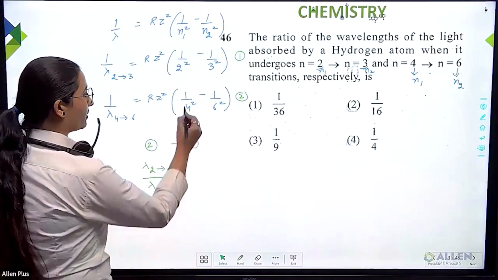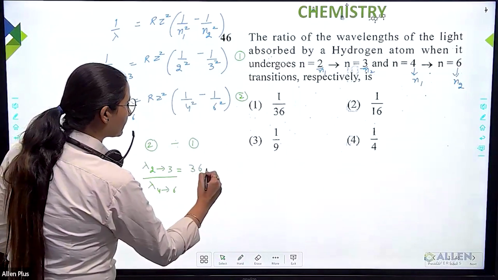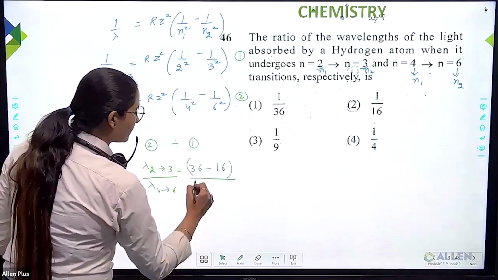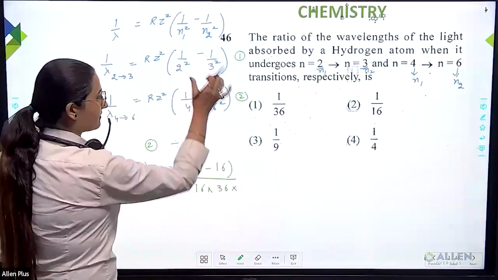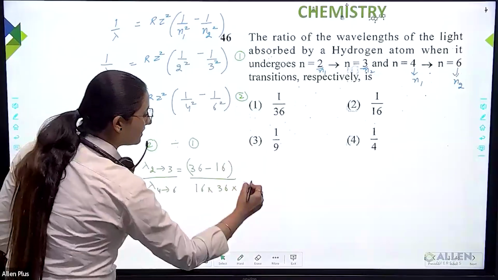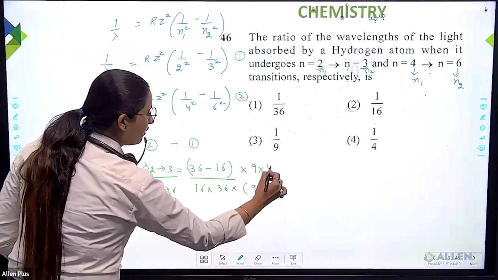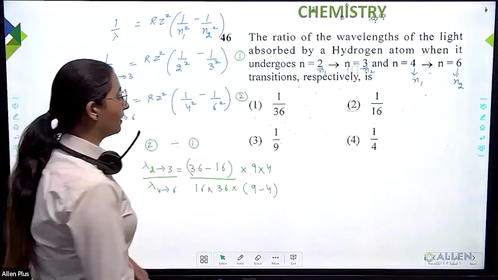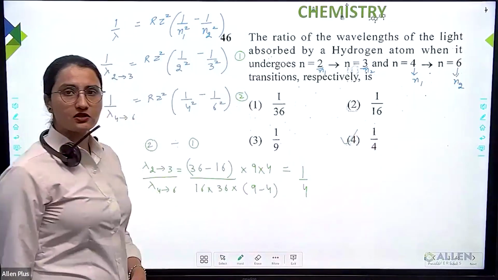What I'm left with, I'm putting here, see. 6 square, that is 36, minus 16, by 16 into 36. This value would be what? 9 minus 4 by 9 into 4. Simple calculation. When you solve this, your answer would be 1 by 4. Option 4.